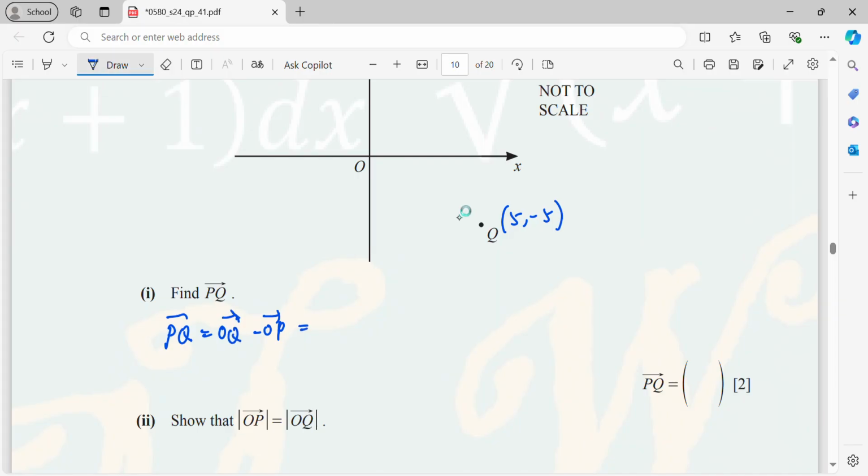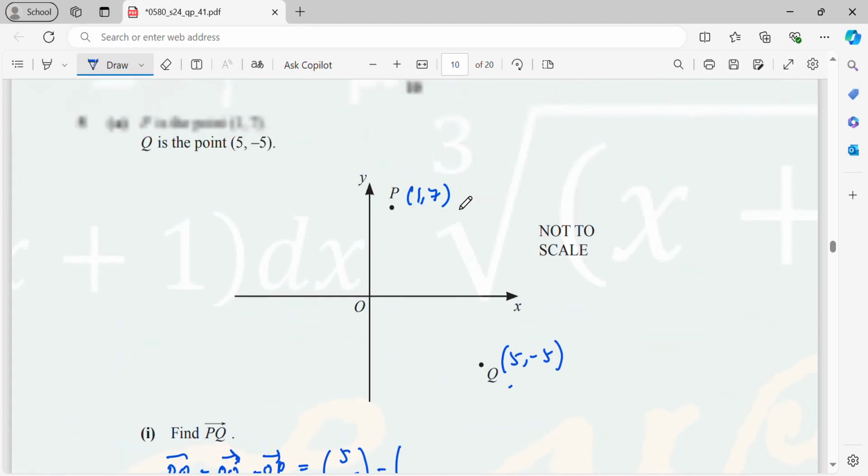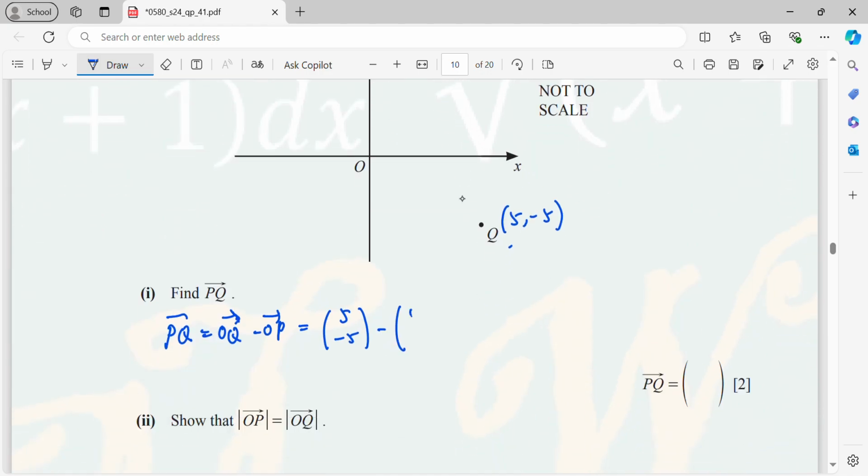So from coordinates, you can easily change to vector form. So Q becomes 5 minus 5. This is our OQ. Then minus the OP will be 1, 7. That means it's 1i and 7k. So when you solve this, 5 minus 1, I get 4. Minus 5 minus 7, that is minus 12. So that is your vector.